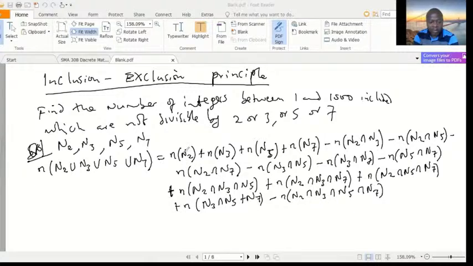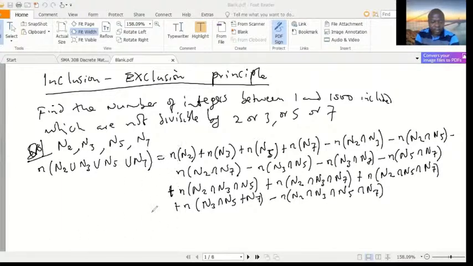How many are these? 1, 2, 3, 4, 5, 6, 7, 8, 9, 10, 11, 12, 13, 14, 15. That is okay, 15 is what the formula says.